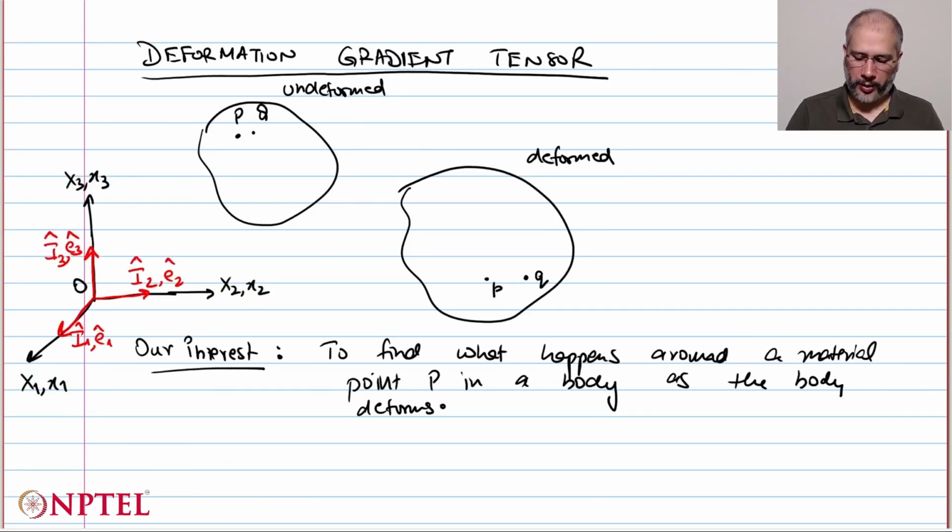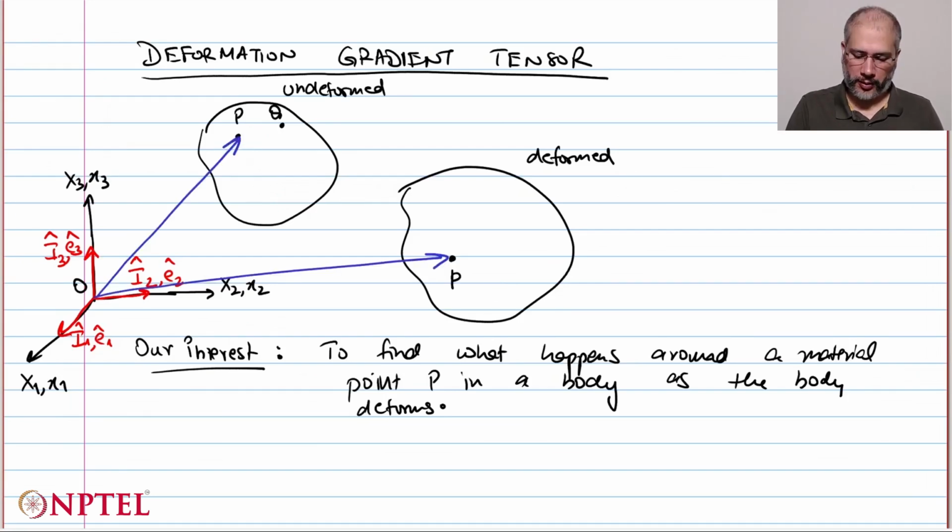I'll place my point Q a little further. So this is some sort of an exaggerated situation, although in reality the points P and Q are close to each other, because that is what we desire. We want to find out what happens in the neighborhood of point P. But for the sake of drawing diagrams, it's much easier if I put them a little further for clarity.